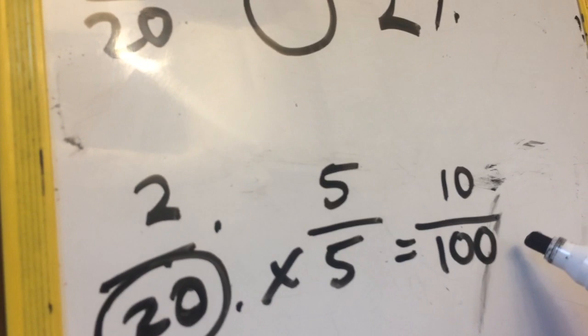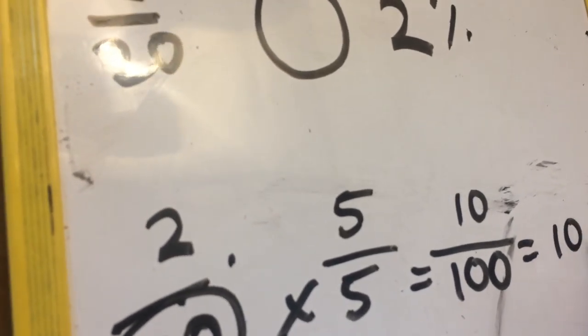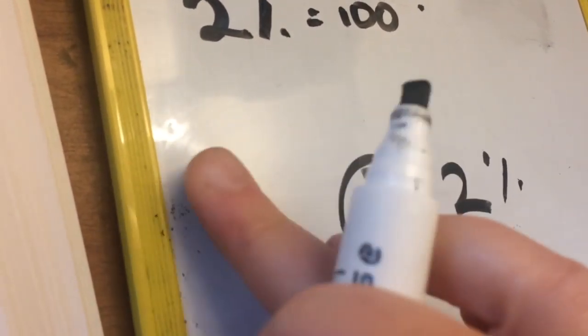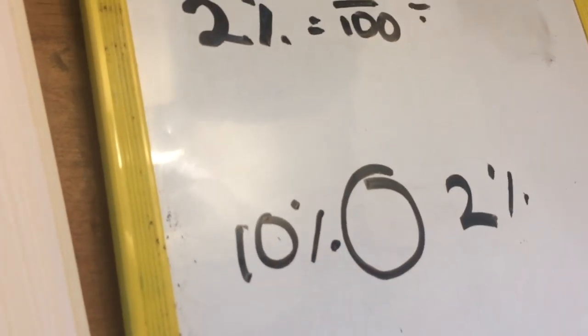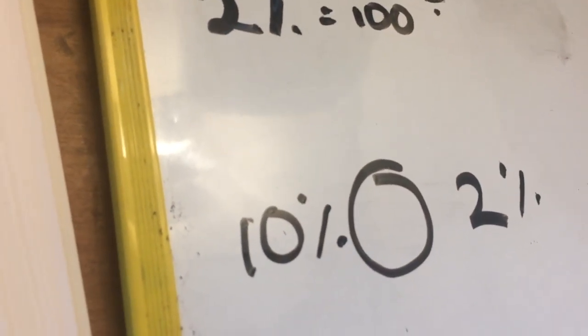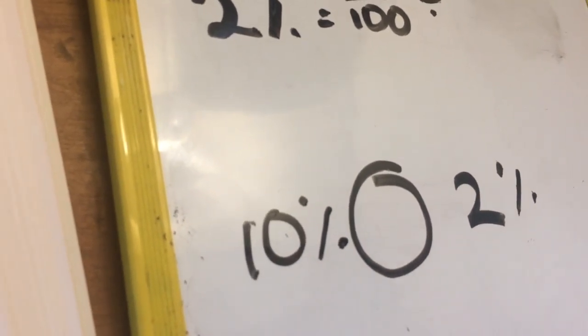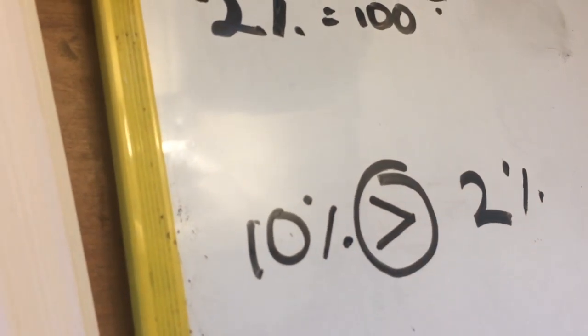So now that we've turned it into 100ths, we know that the percentage is 10%. Now, if we go back over here and write 10%, it's easier to work out which sign we use. So this 10% is greater than 2%, isn't it? So 10% is greater than 2%.